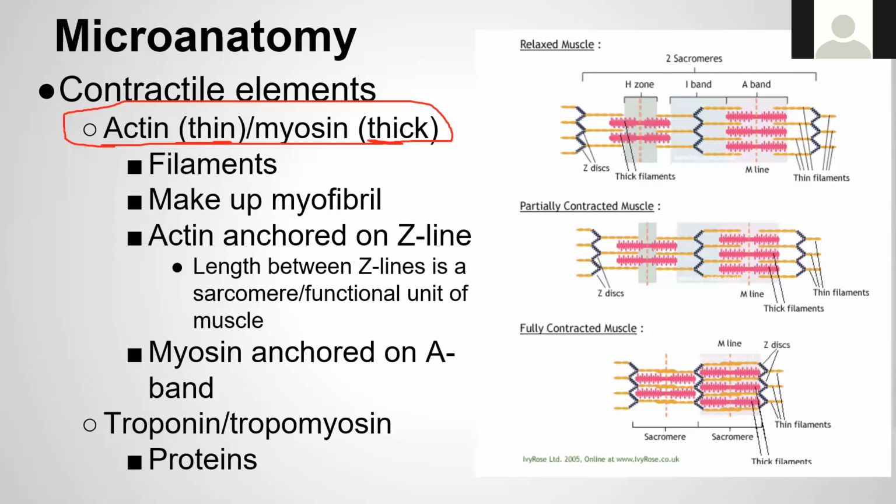Now, titin just connects our Z line to the M line. So what this does is it binds myosin. So our thick filaments is our myosin here. You have the Z line here, and titin will bind that myosin to that. So that's all it really does.